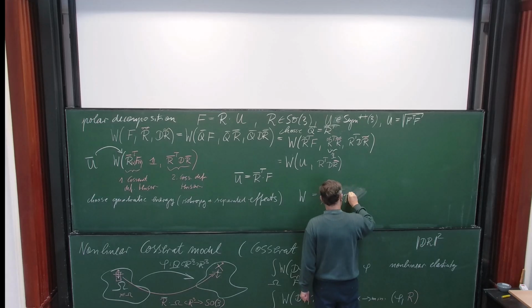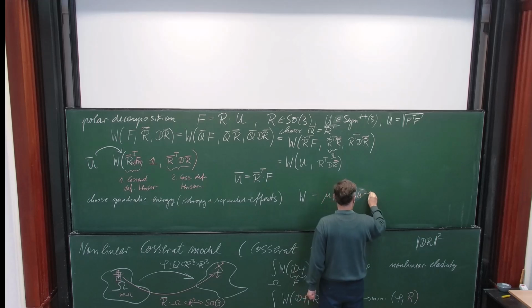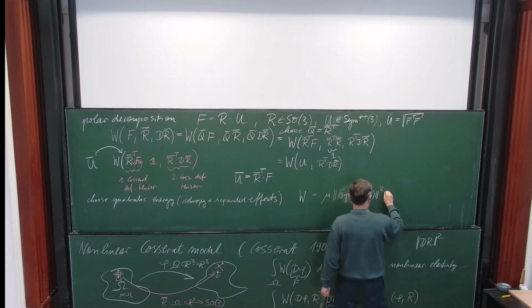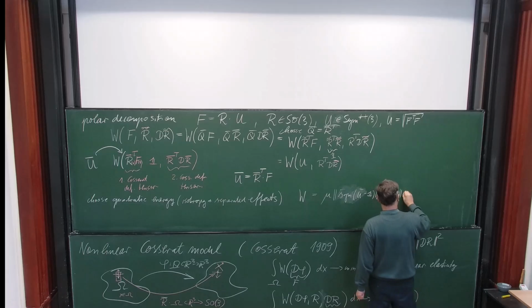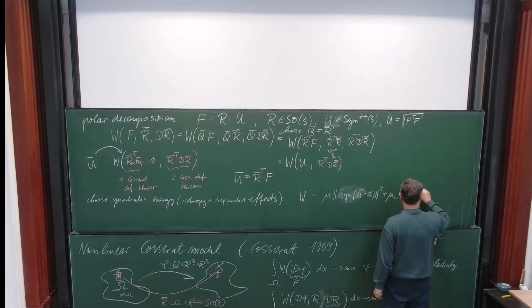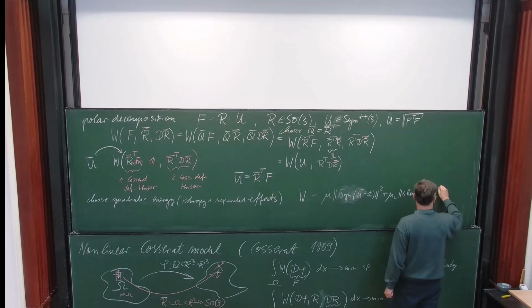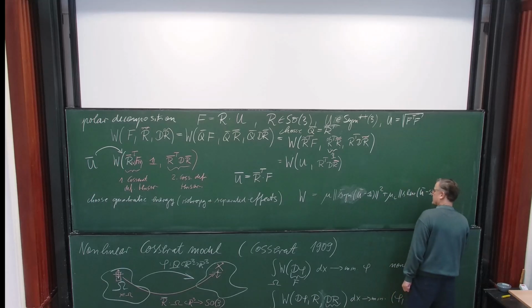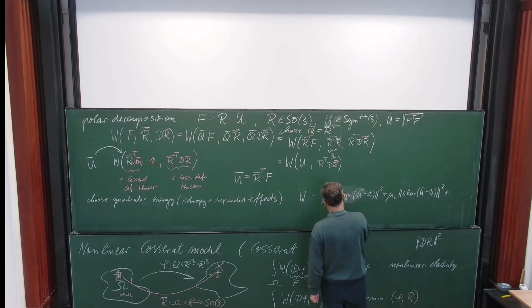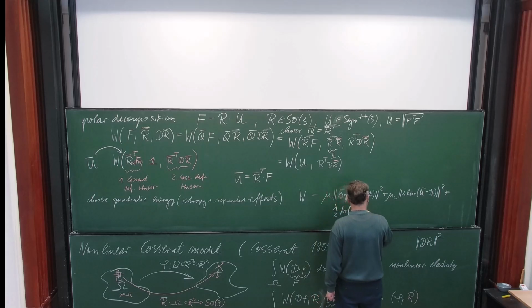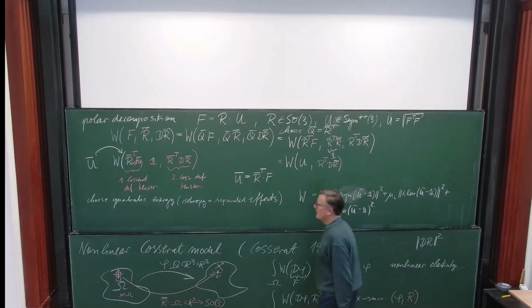The symmetric part of U bar minus the identity, plus the skew-symmetric part of U bar minus the identity, plus the trace. This is for the first part.